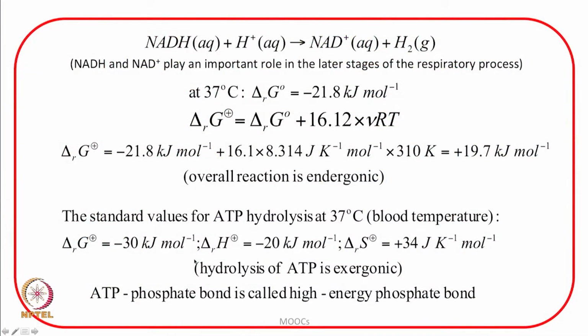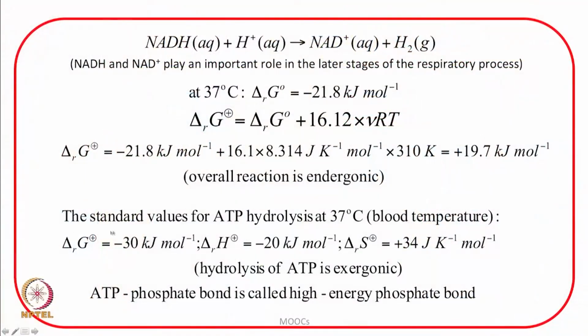And also, if we look at the slide, the hydrolysis of ATP is exothermic in nature, and entropy change is also quite appreciable, which is plus 34 joules per Kelvin per mole. Whenever you have a large value of entropy change, that means the reactions are highly dependent upon temperature. Temperature is one of the factors which will affect the values of entropy change.